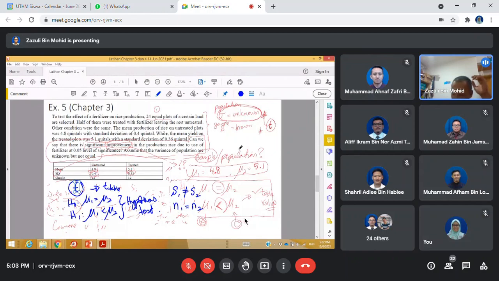Then from this blue color punya ni, you already know that it is a T distribution. But then what is the equation? Equation mana nak pakai? Case 1, 2, 3.